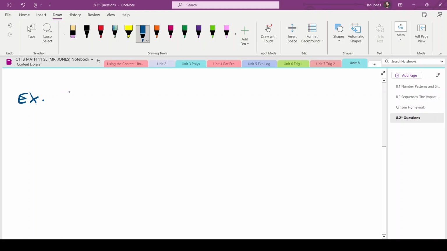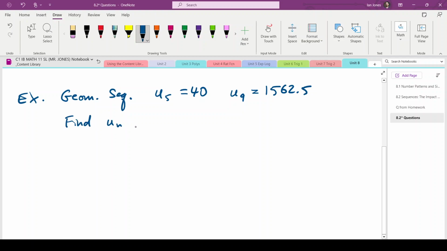Suppose we have a geometric sequence. Suppose we know that term U5 is 40. Suppose we know that term U9 is 1562.5. And suppose we're asked to find UN in general, and then maybe U1.